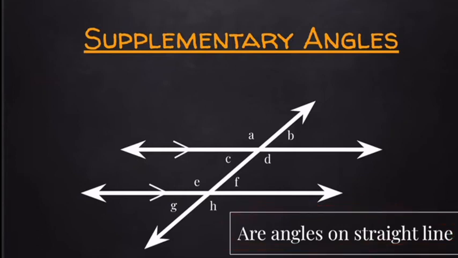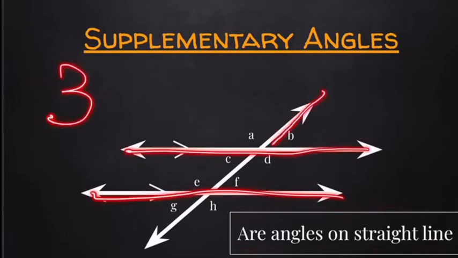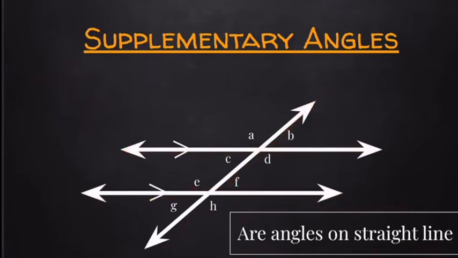So in this picture, you can see that we have 3 straight lines. You have this line is straight, this line is straight, and the transversal line is also a straight line.